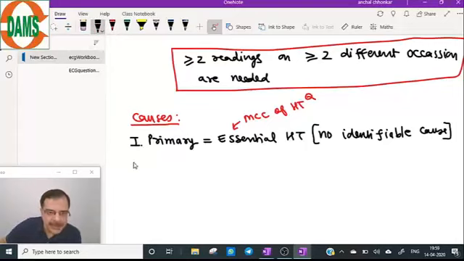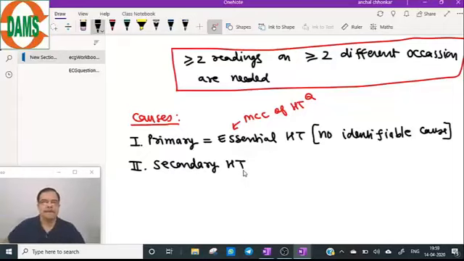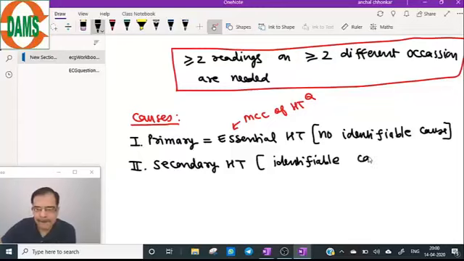Number 2 group is secondary hypertension, which means there is some identifiable cause.